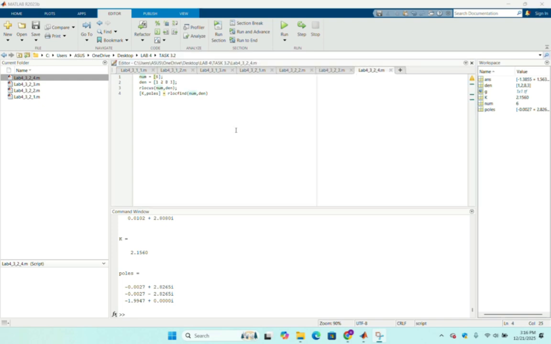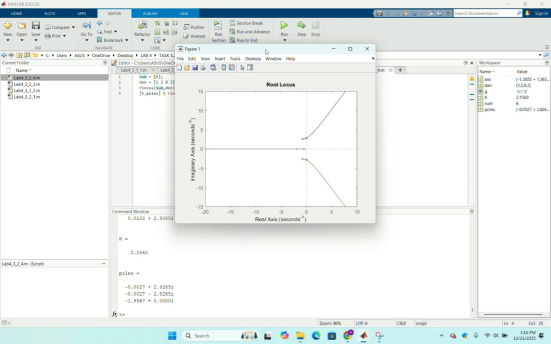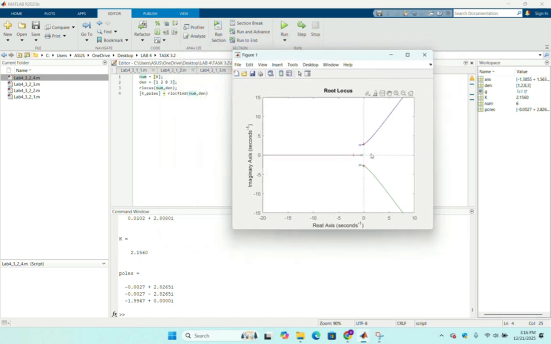Next is question 3.2.4, where my numerator is 6 and the denominator is [1 2 8 3], and the rest is the same as the previous question. I already ran it, and this is my graph. I select the point here at 0.0102 plus 2.8080i, and my value of k is 2.1560.